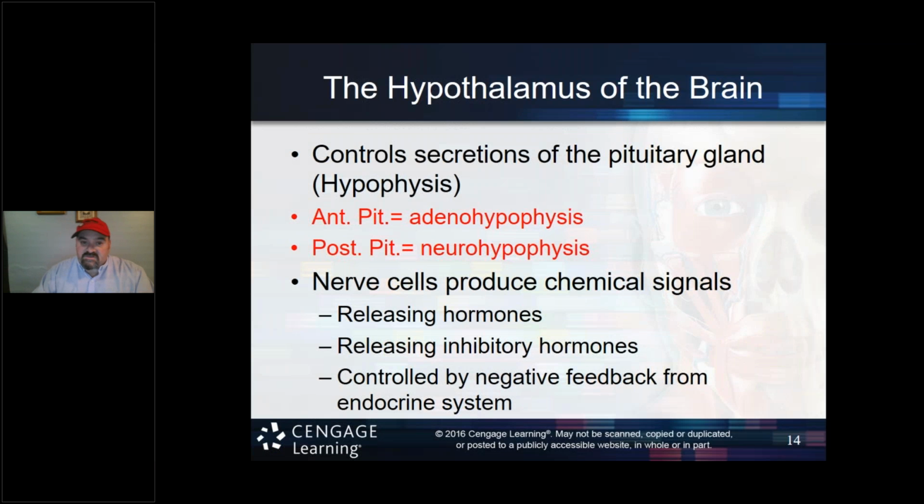All right, so please, if you have a chance, make notation of that. So we call the pituitary gland the hypophysis. Know that the extension of the pituitary gland, we call the pituitary stalk, also called the infundibulum, two terms that we use for that. That's what connects and allows communication to take place between the hypothalamus and the pituitary gland. Very important, okay?